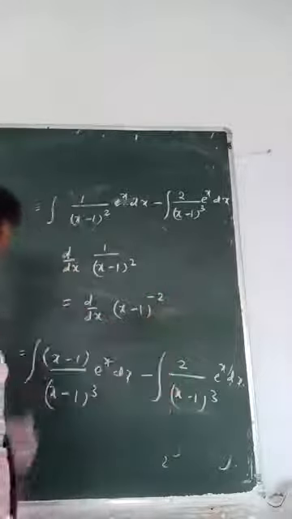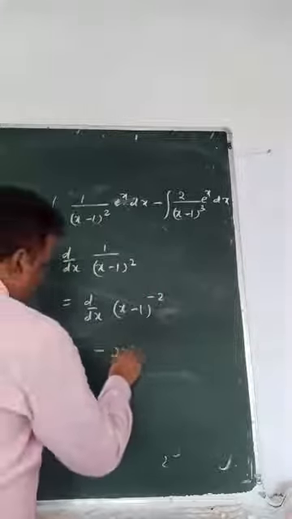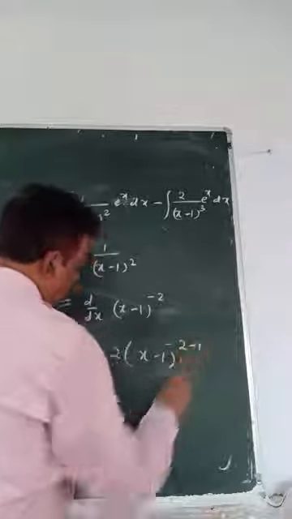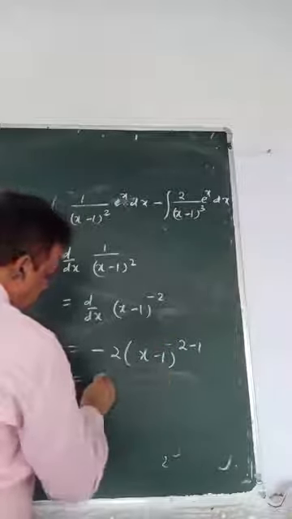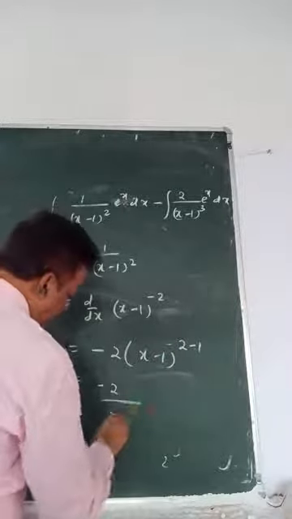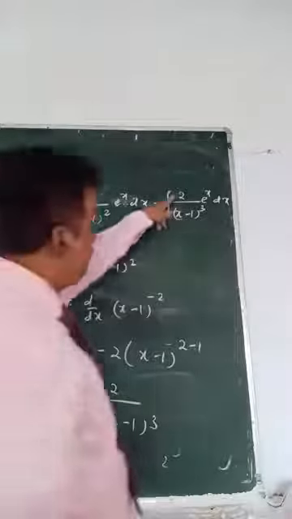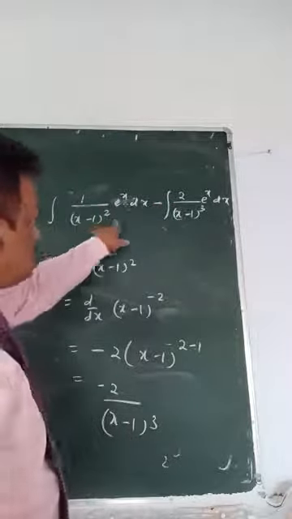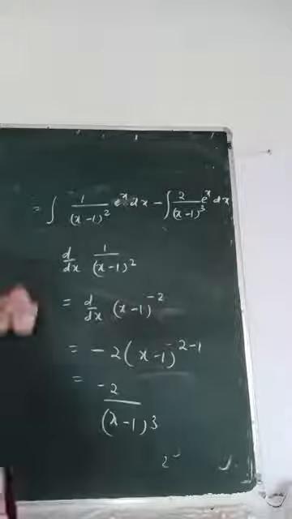So that will be minus 2 x minus 1 power minus 2 minus 1 and minus 1. Then derivative of this is what? So minus 2 by x minus 1 whole cube. You are getting? That means I have to integrate this. This will be cancelled.